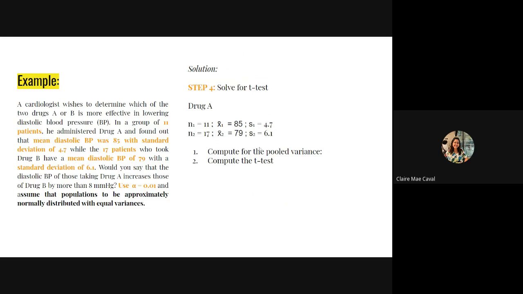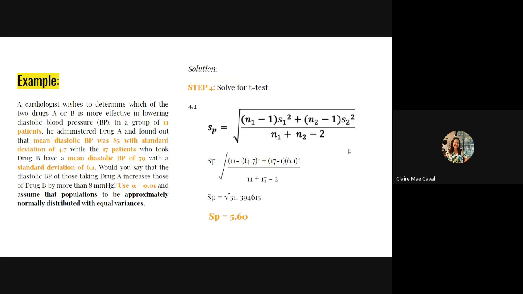So first, you compute the pooled variance for you to be able to compute the t-test. The formula for the pooled variance is this one. Okay? Just have to substitute everything. So, if you get 5.60, you are doing it correctly. I'll not elaborate this one by one. I guess you already studied and answered this in your activity worksheets.